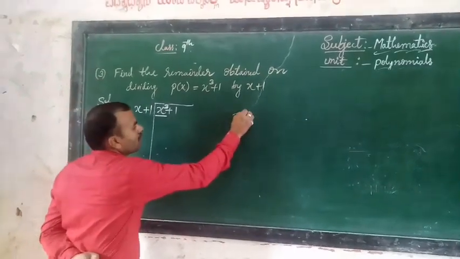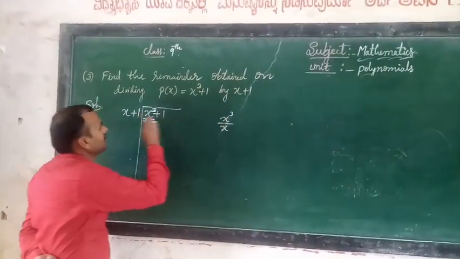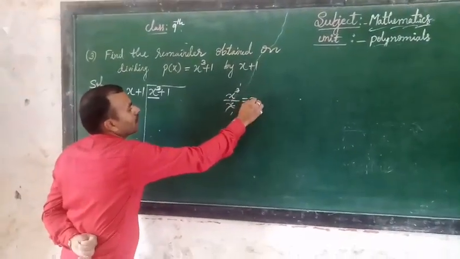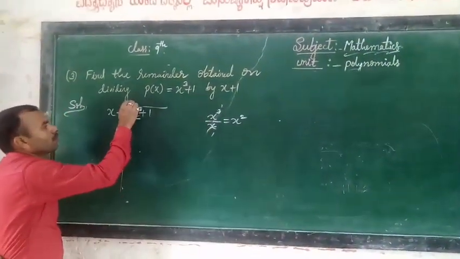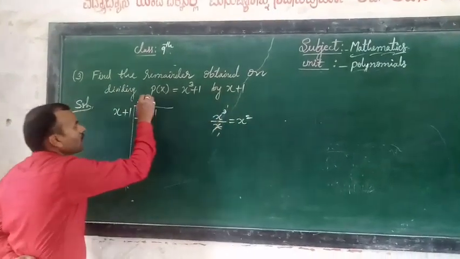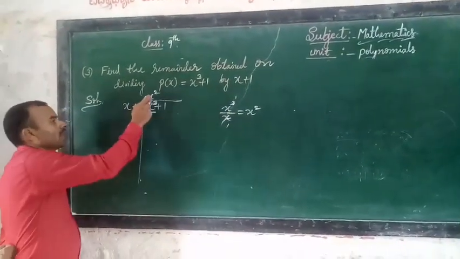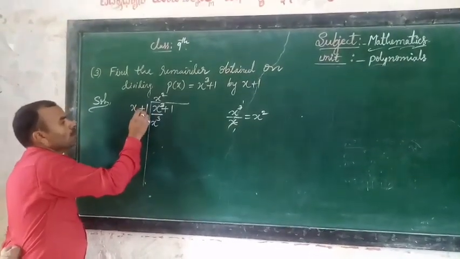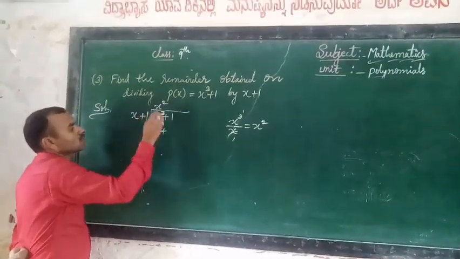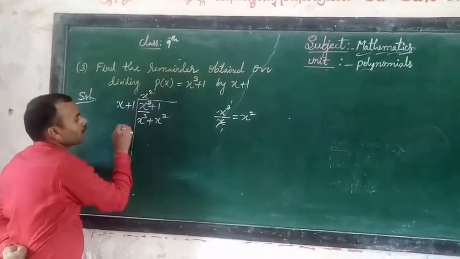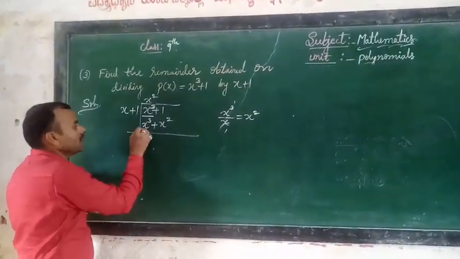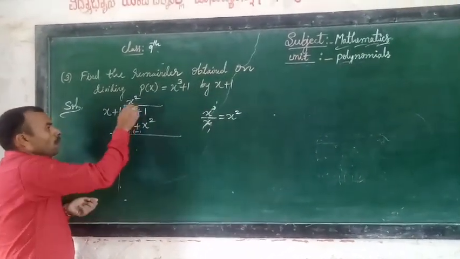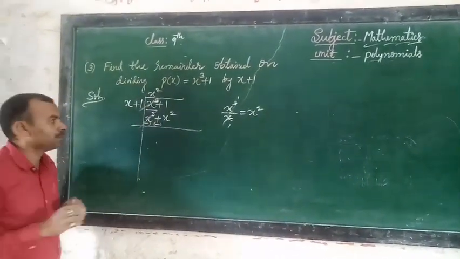Divide the first term of the dividend by the first term of the divisor: x cube divided by x, the quotient is x square. Right here x square into x is x cube, plus into plus x square into 1, x square. Now changing the sign, minus plus, x cube minus x cube get cancelled.